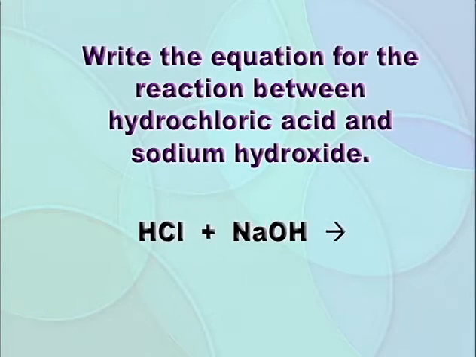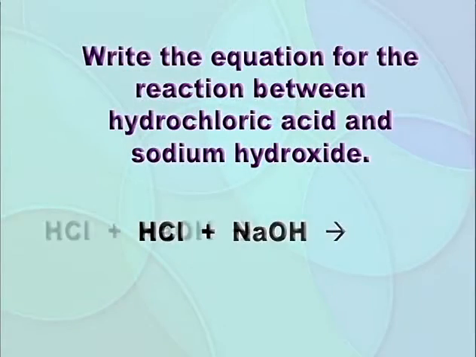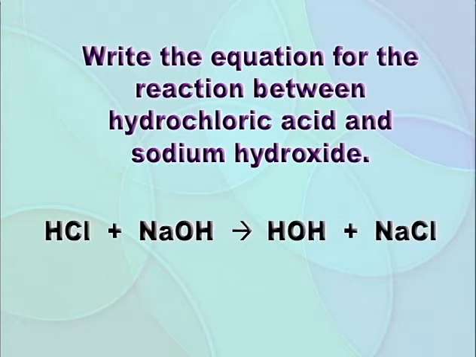We write these two formulas as our reactants. Look closely at this reaction and see if you can figure out how to classify it. It looks like a double replacement reaction to me. Exactly. We know that the ions switch partners in a double replacement reaction.